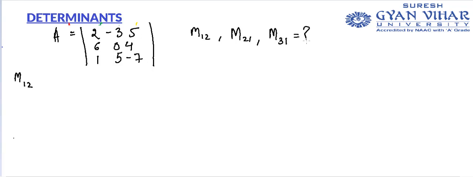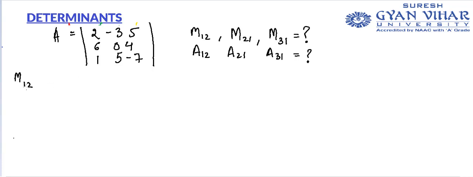You have to find these minors and then the cofactors: cofactor 12, 21 and 31. We are finding 3 minors and 3 cofactors to understand what minors and cofactors are. You can find minor and cofactor for each row and column, but here I am specifying these 3.